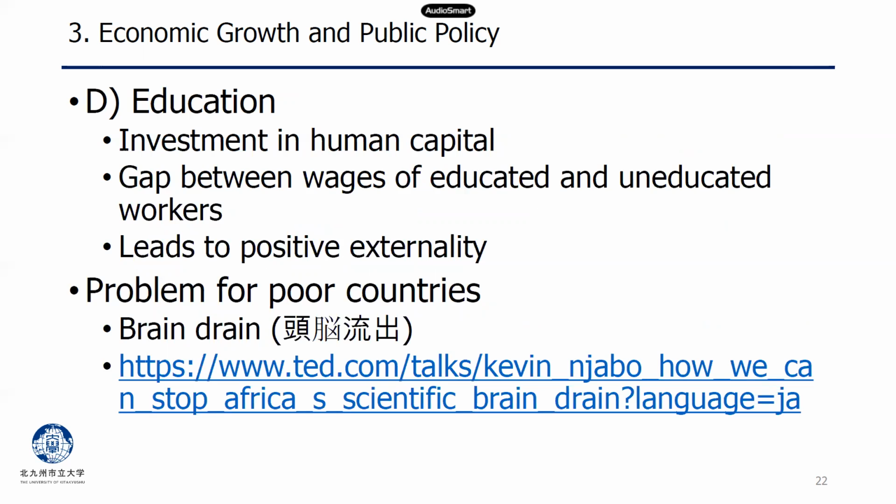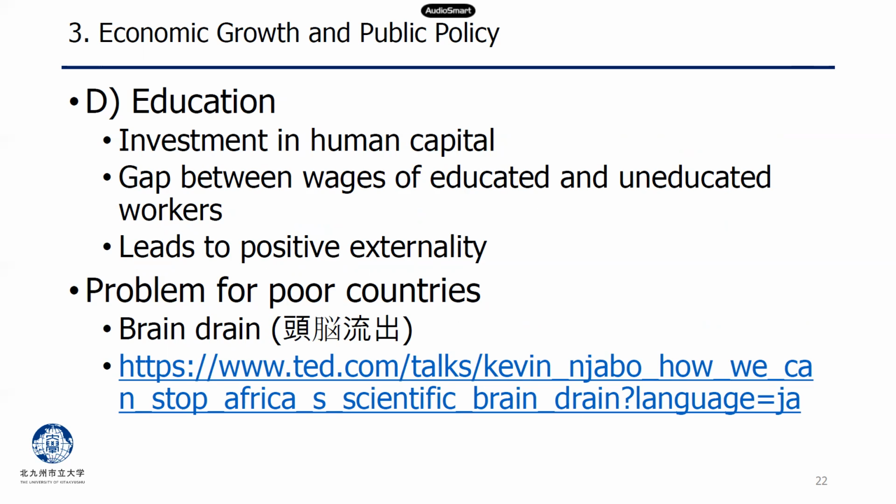All right, and the fourth one is education. It doesn't look like an economic topic, but education is very related to human capital. And well, education always brings both short-term and long-term effects to the growth.